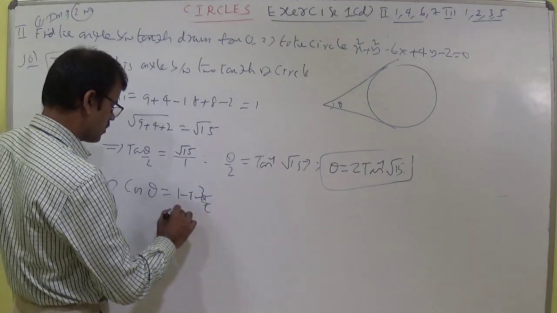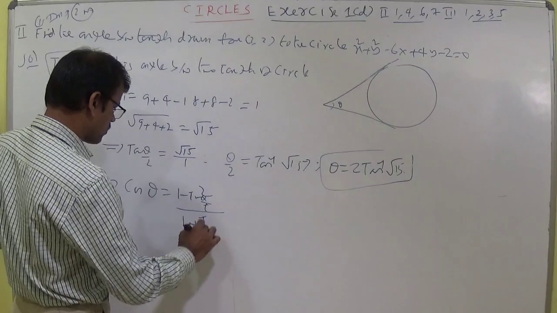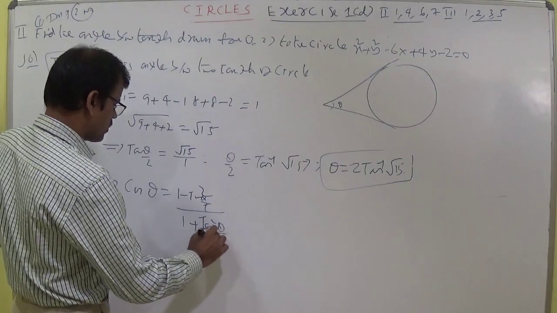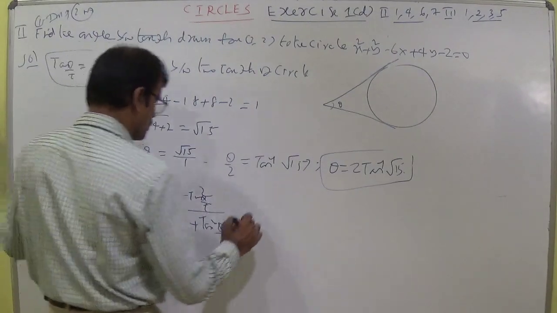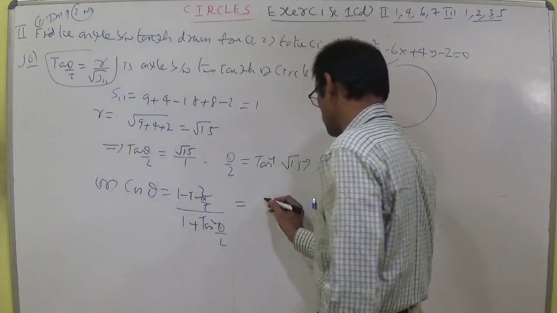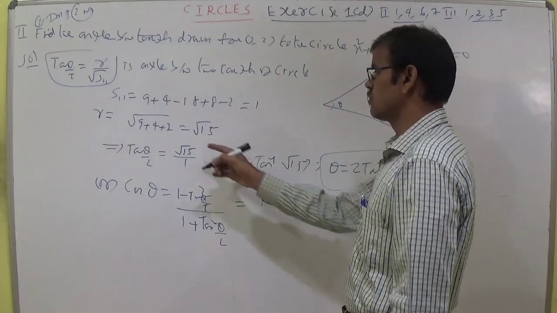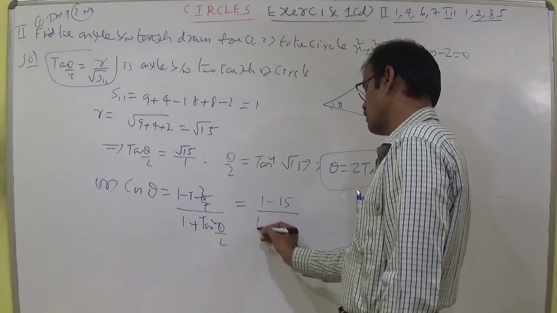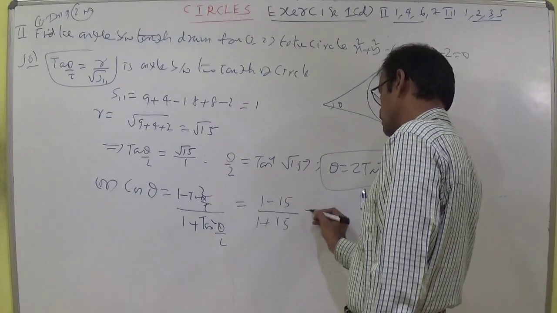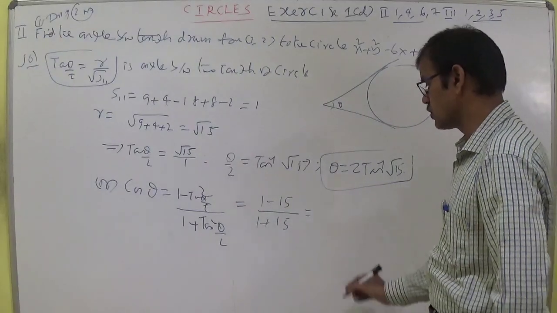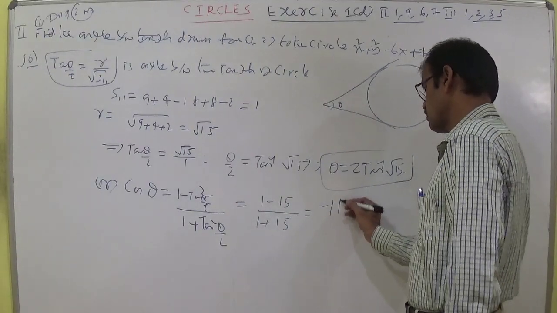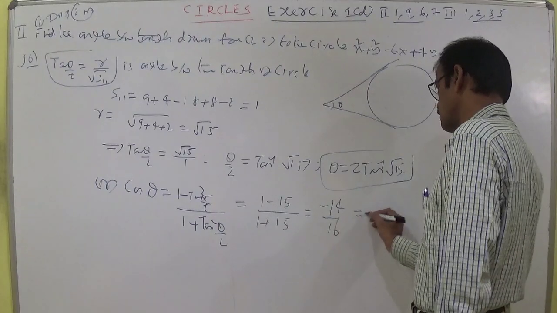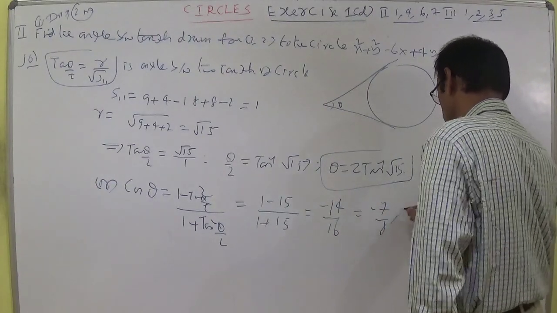Cos theta is equal to 1 minus tan square theta by 2 by 1 plus tan square theta by 2. What is the value of tan theta by 2? Root 15. Root 15 square is 15, so 1 minus 15 by 1 plus 15, minus 14 by 16. So it is equal to minus 7 by 8.